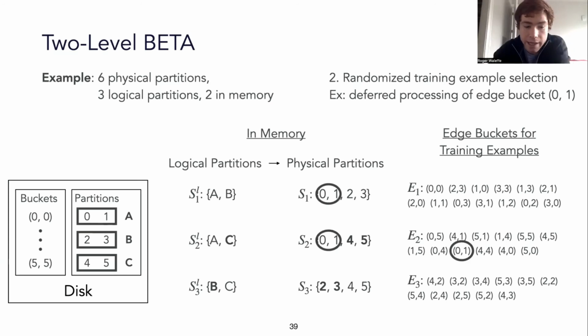For example, the edges between nodes in partition 0 and partition 1 don't have to be used to create mini batches right away in the first part of the epoch E1. Instead, we can defer their processing until later, in this case E2, to help increase the randomness in the order that edges are processed with respect to the graph nodes. So hopefully this example provides some intuition for how the combination of two-level policies and randomized mini batch selection can lead to better distribution in the order training examples are processed.